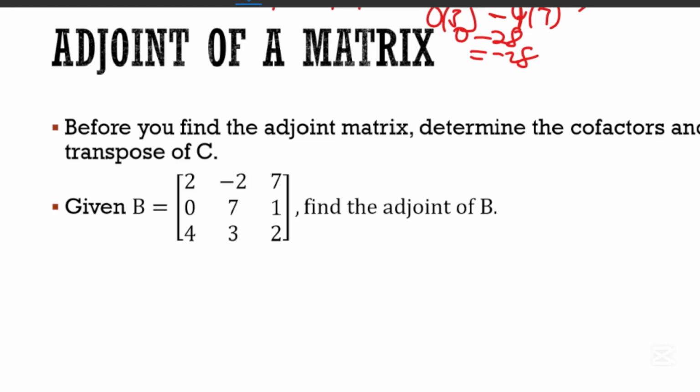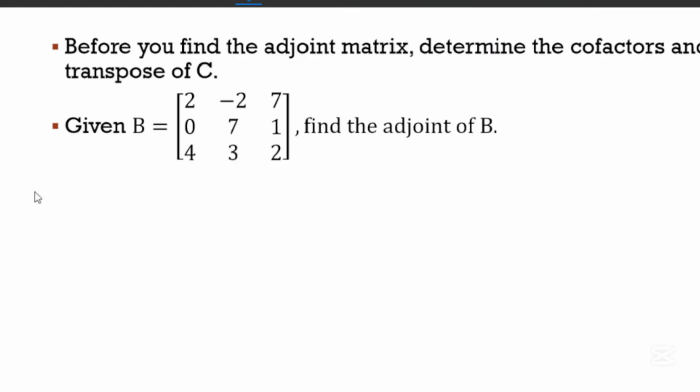So here we have our matrix B as 2, -2, 7, 0, 7, 1, 4, 3, 2. The first thing, as I said earlier on, is to find our cofactors. So here we pick 2. It is plus, as I said, and the target element is 2. So these are all deleted.